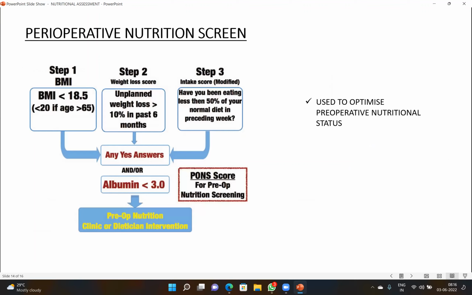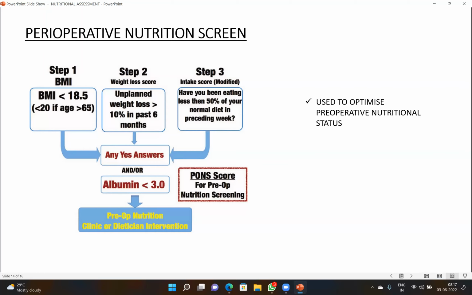Perioperative nutrition screen. This is used to optimize the pre-operative nutritional status of the patient. It's again a 3-step process. Step 1, BMI: if BMI is less than 18.5, or if the patient's age is more than 65, then BMI less than 20. Step 2, weight loss: if there has been a weight loss of more than 10% in the past 6 months.